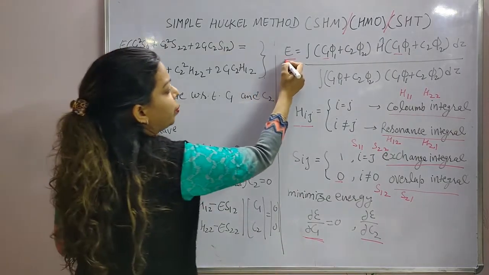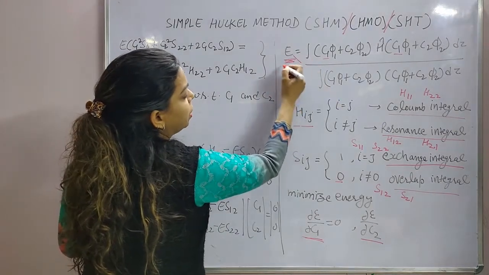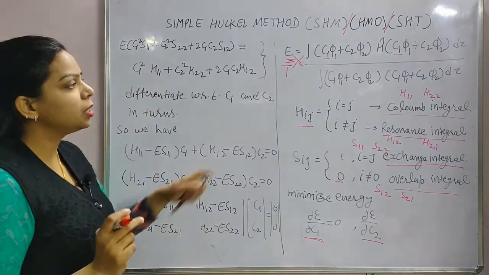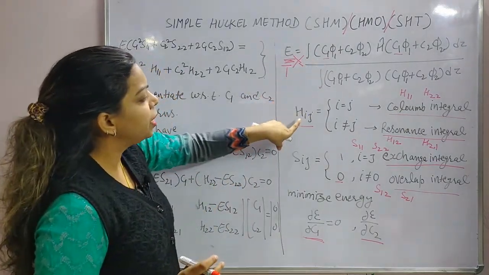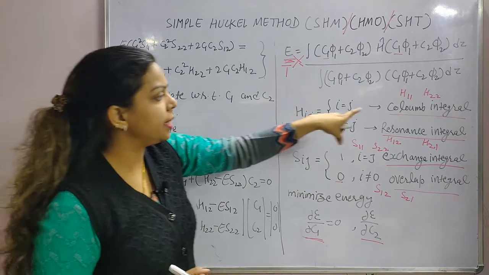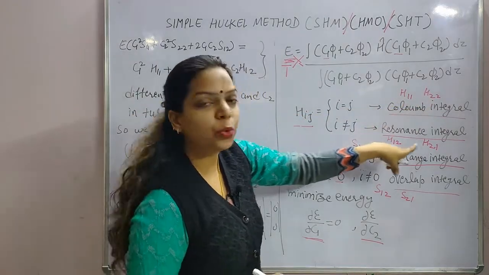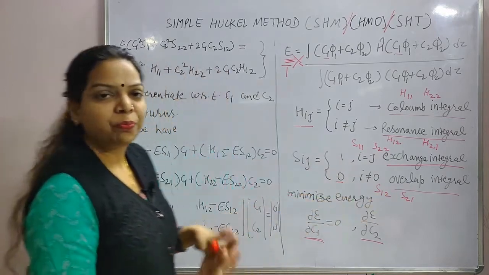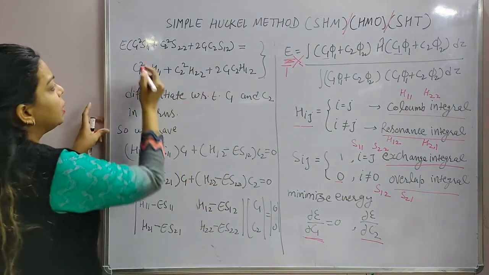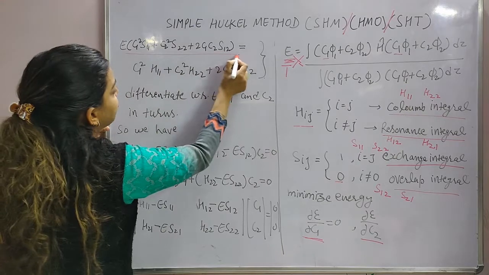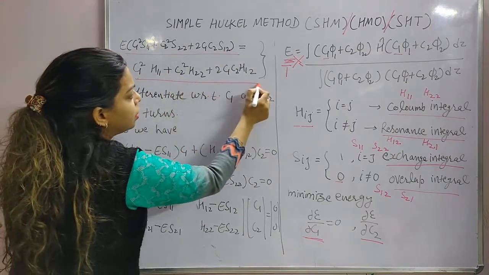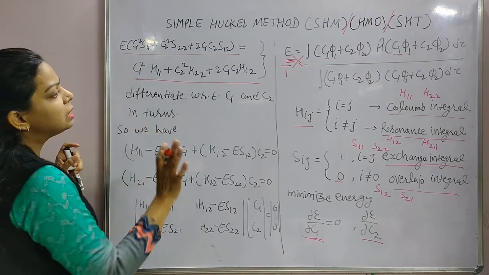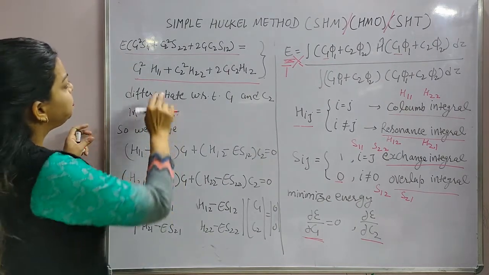From this equation, when I do the cross multiplication and simplify after substituting the values of these integrals as H11, H22, H12, H21 and S11, S22, S21, S12, and cross multiplying it, I will get this equation. I am not doing it in an elaborated form because I know you have already done it, so it is easier for you to understand.